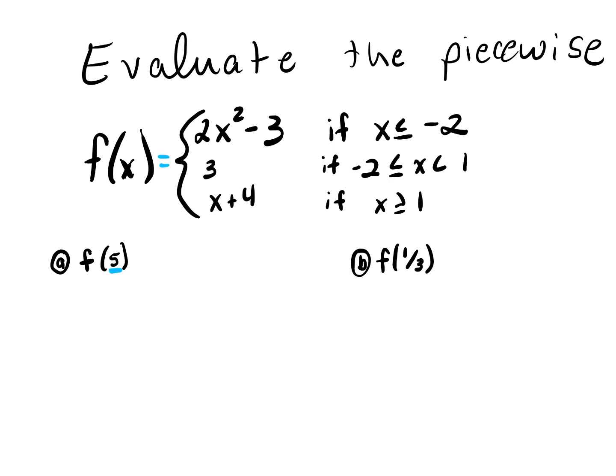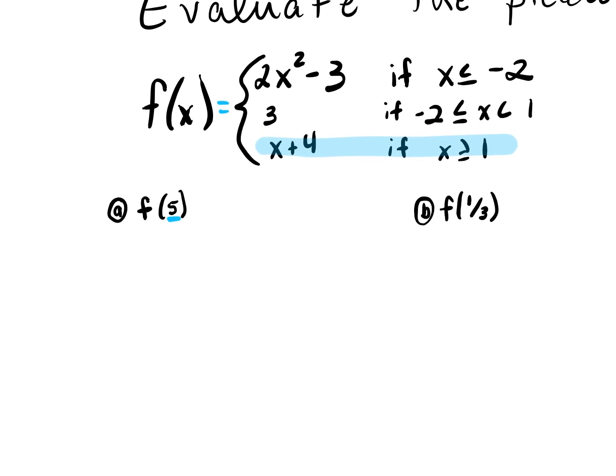So I'm looking at the third piece here. So we're going to plug in 5 into the x in our third piece. So I have 5 plus 4, which is 9. So the hardest part here is just figuring out which piece it belongs to.